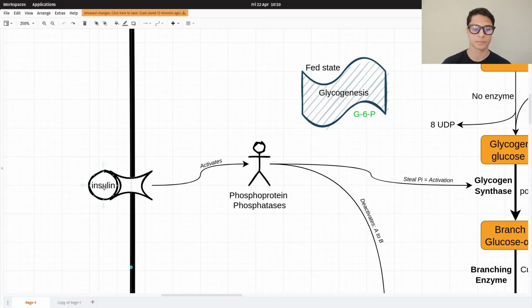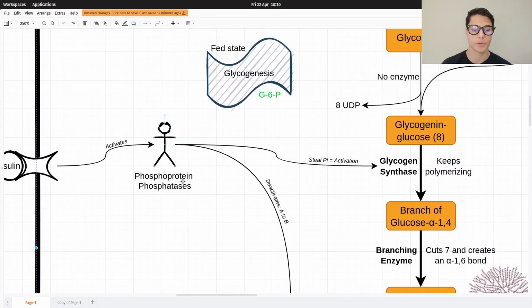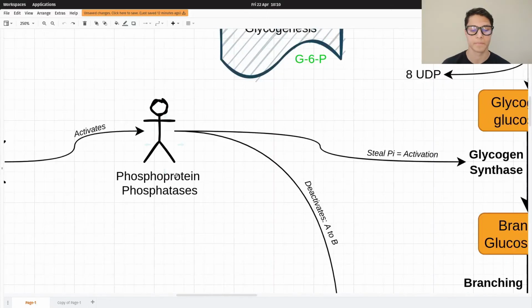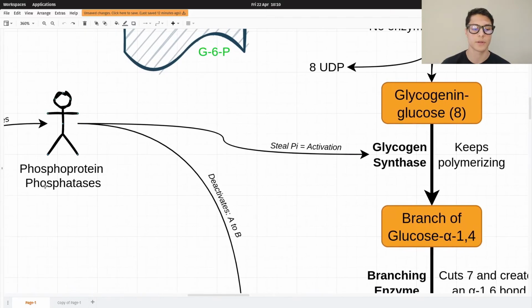So insulin gets coupled with a tyrosine receptor that activates the phosphoprotein phosphatases.